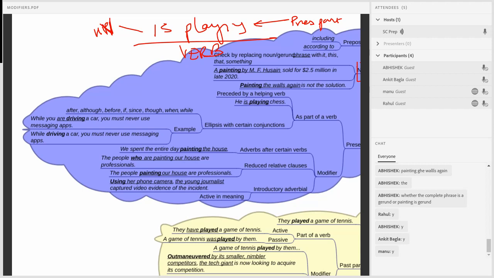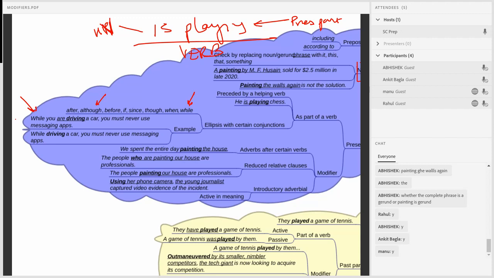We'll use a different example. I think that time we were solving an official question. Right now, let's just take a short example. And this time we're going to take an example with while. So the sentence over here is, while you are driving a car, you must never use messaging apps. So while you are driving, while is a subordinating conjunction.